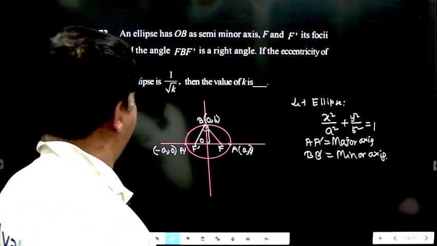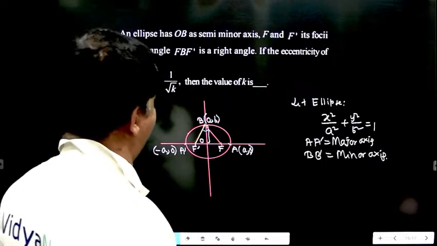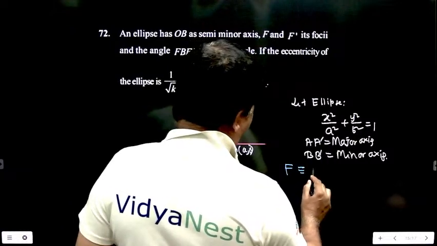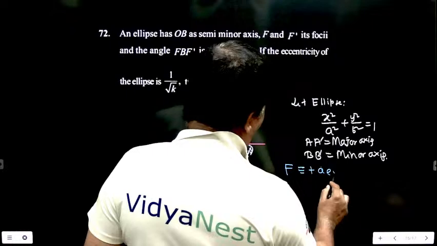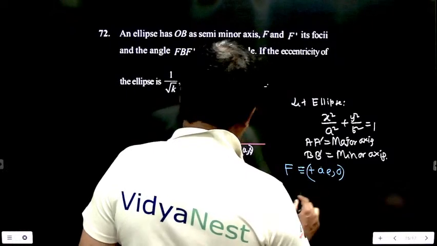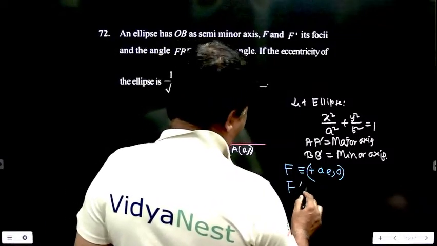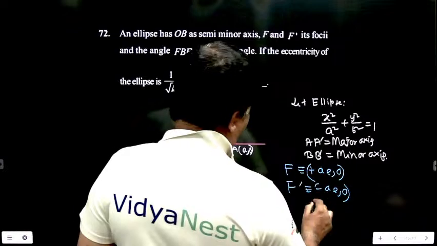Okay. So our job is to find F and F dash. What is F? Plus a, 0. What is F dash? Minus a, 0.